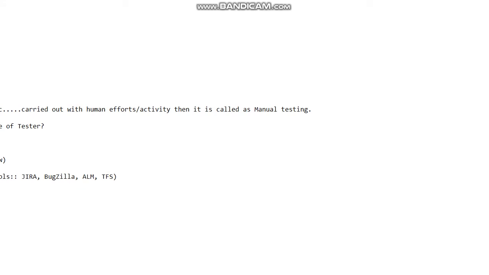And the sixth one is, if you are doing automation testing, we can develop automation scripts. And the seventh point is, once you develop the automation scripts, we have to execute the developed automation scripts. These are the seven roles and responsibilities, in a simple way.